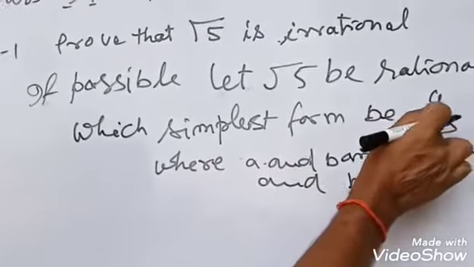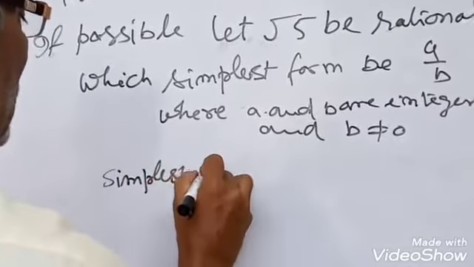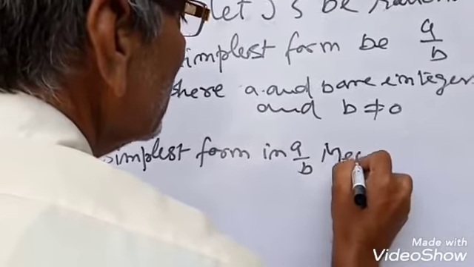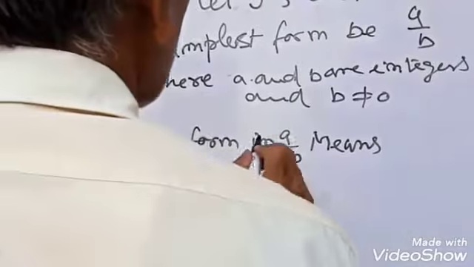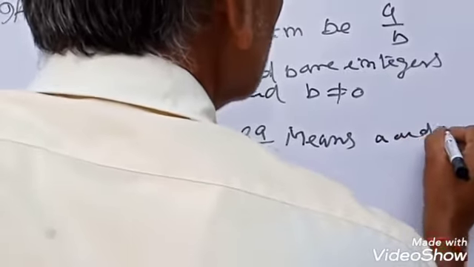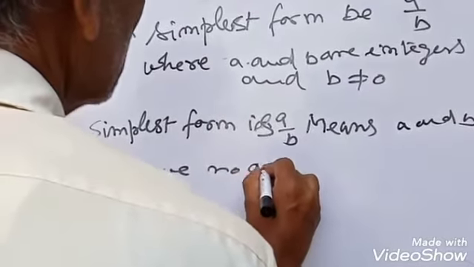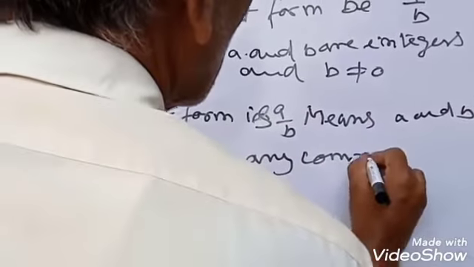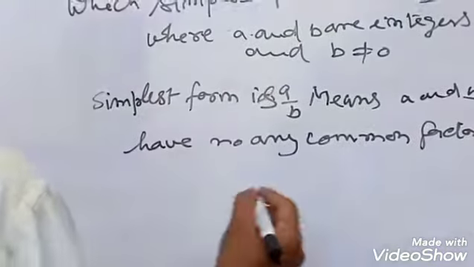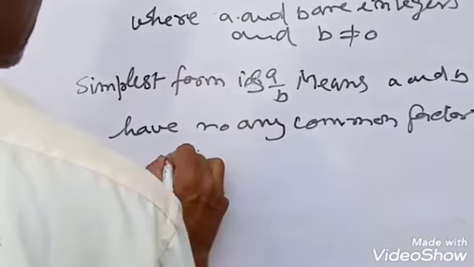Simplest form a by b means that a and b have no common factors other than one.